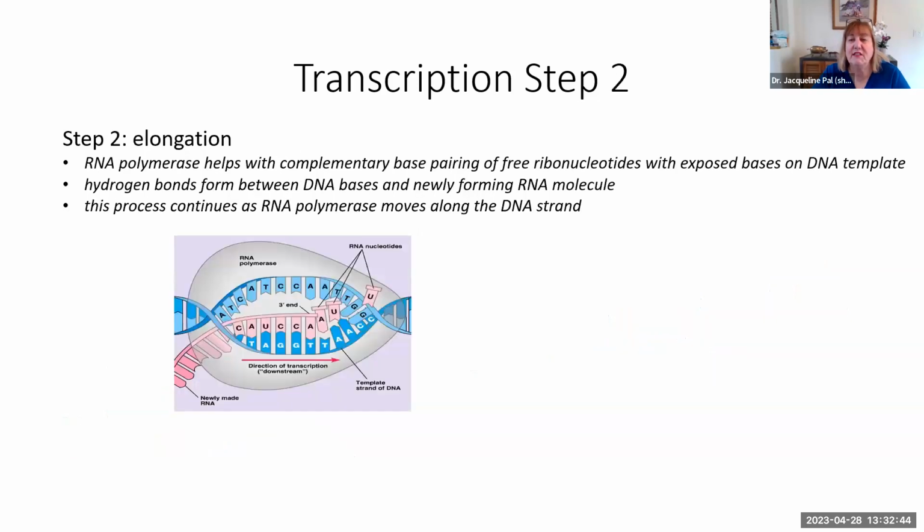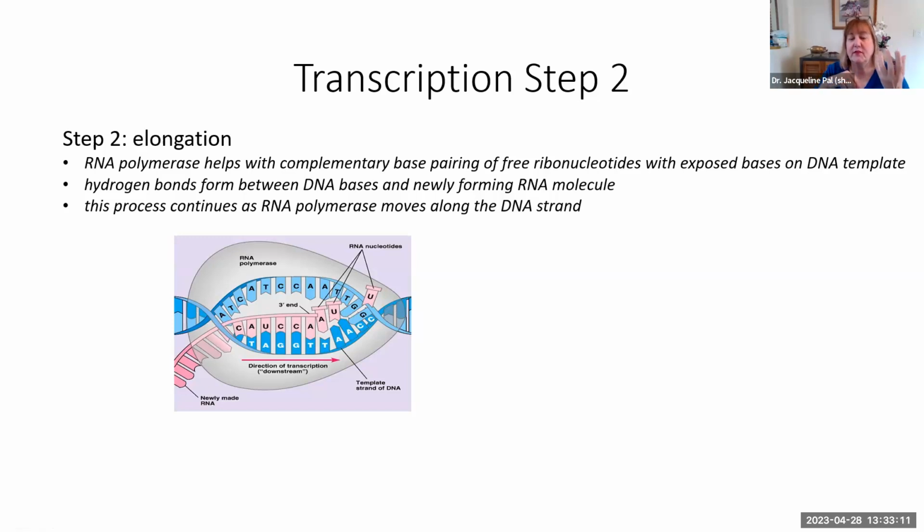So after initiation, we go to the second step, which is elongation. And so that same enzyme, that RNA polymerase, is going to continue traveling, and it's called RNA polymerase because we're making RNA. Okay? So it's going to travel down the exposed bases on the one strand of DNA. And it's going to be adding the complementary bases.